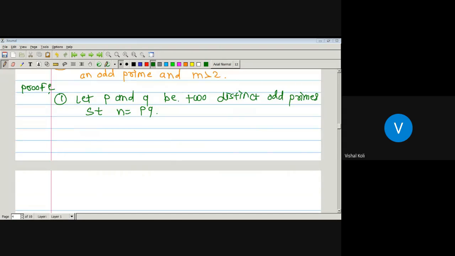As p and q are two distinct odd primes, then p and q must be greater than 2, since the first odd prime is nothing but 3, which is greater than 2. And as p and q are two distinct odd primes, then what is the GCD of p and q? GCD of p and q will be equal to 1. Therefore, here we get two integers.